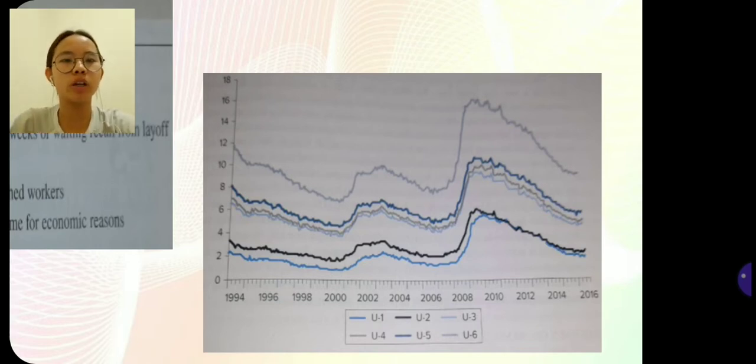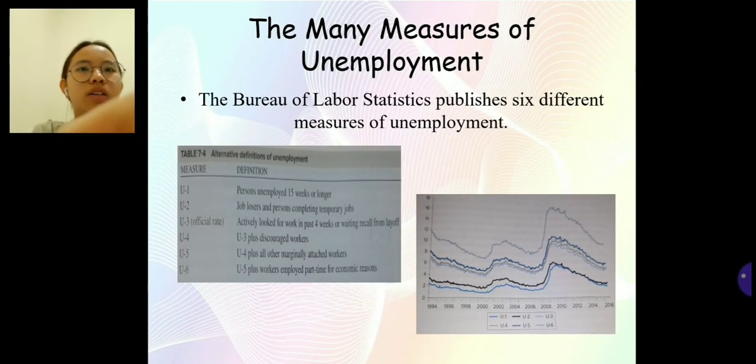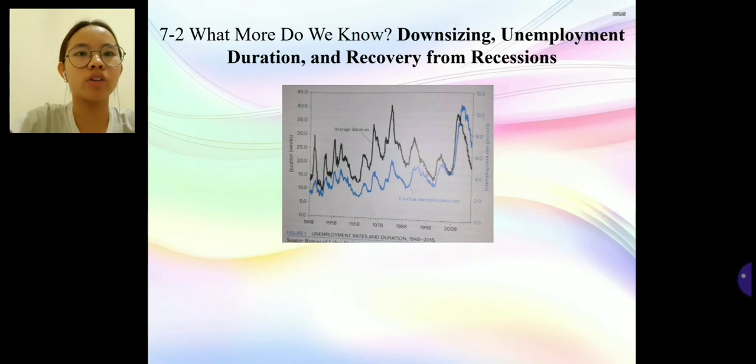Because let's assume that the official rate goes by around 5% for the U3. So if we measure using the U6, it will go up to around 8 until 10% like that.